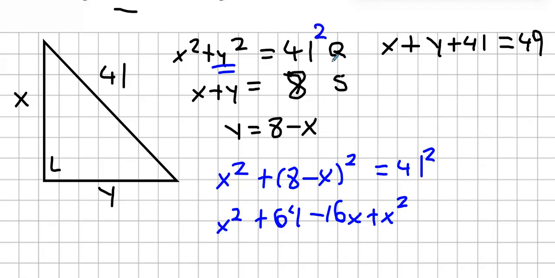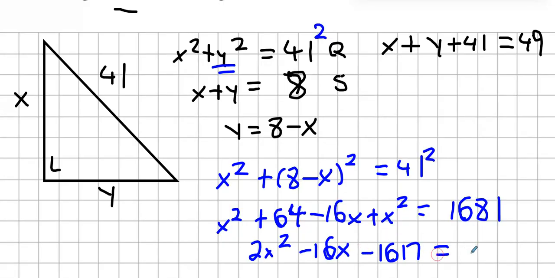Thank you, I'm on a roll here. What is 41 squared? 1681? Thank you. 2x squared minus 16x. 64 take away 1681 is minus 1617.